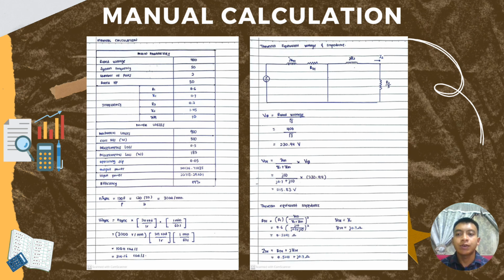Then we proceed to find W sync. We use the previous value, which is synchronous speed 3000, and then we get the answer of W sync equal to 314.16 rad per second.